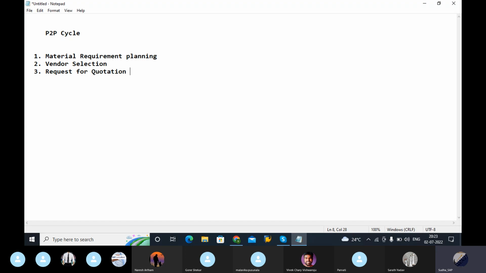For those vendors, we request potential vendors to submit a quotation for materials or services. Then they will give a quotation to us. That quotation contains the vendor's terms and conditions and constitutes the basis of vendor selection.